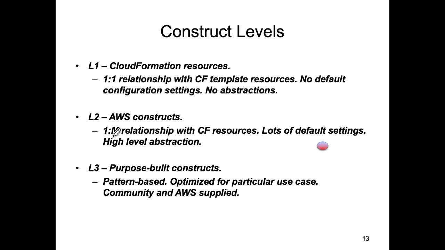All of those resources and all of the other things that go with that architecture might be wrapped inside an L3 construct. We won't be using any L3 constructs, but you'll come across these terms L1, L2, L3 if you read about CDK anywhere.